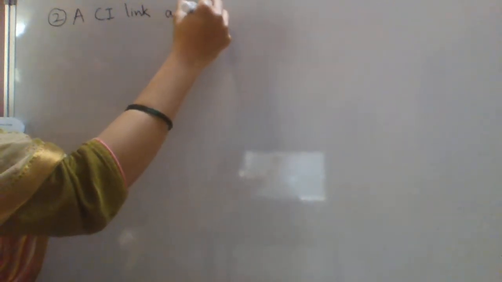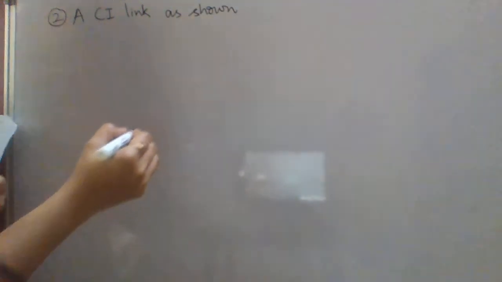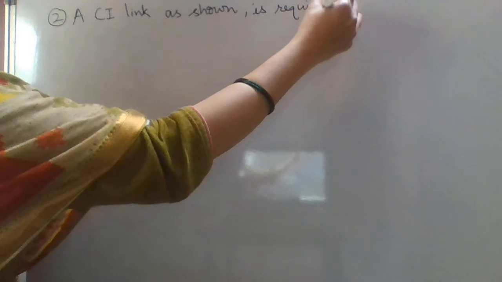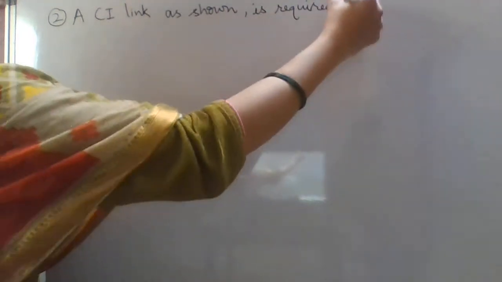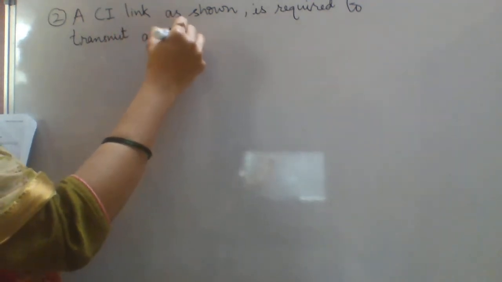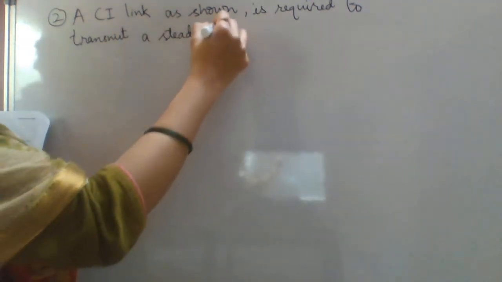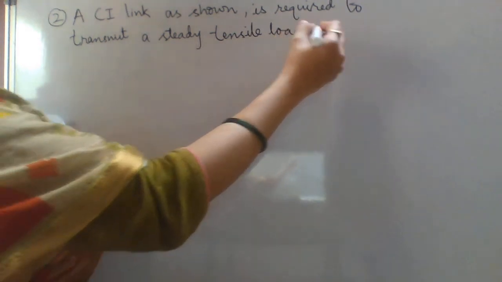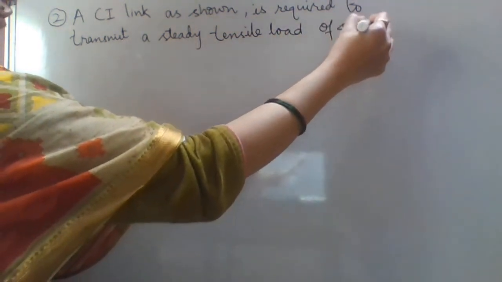A cast iron link, as shown, means the diagram is given in the question, is required to transmit a steady tensile load of 45 kilonewton.